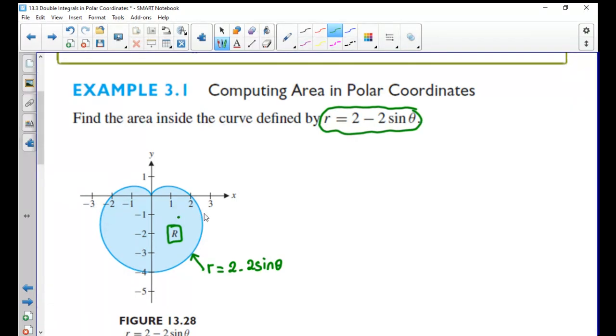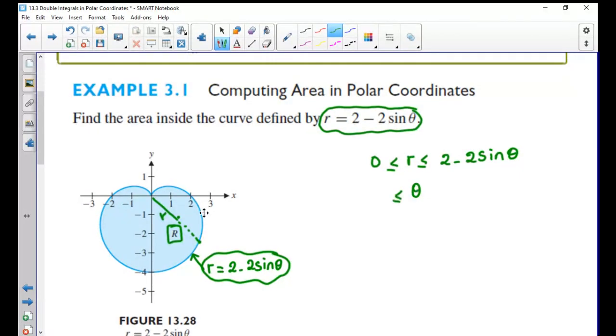Now, if you take a point anywhere inside this region R, then this is the r. r will go from 0 to, not to the curve, to this curve this time, to minus 2 sine theta.